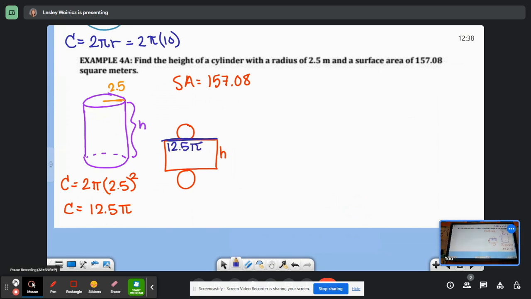And then we've got our two circles. So this is going to be equal to our 2 times our pi times our radius squared, which would be 2.5 squared, plus 12.5 pi times our height, right?